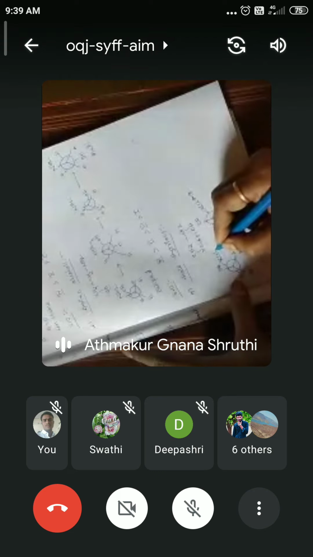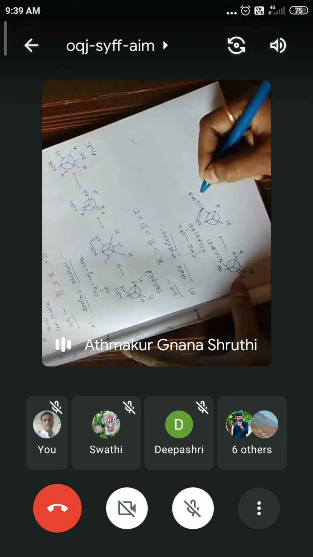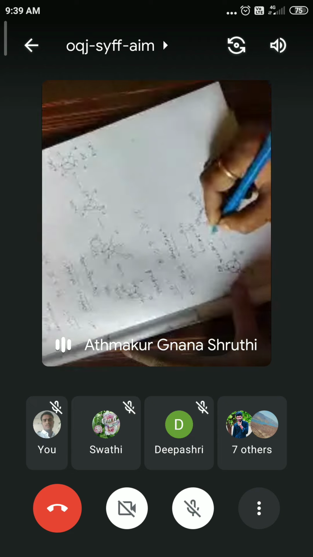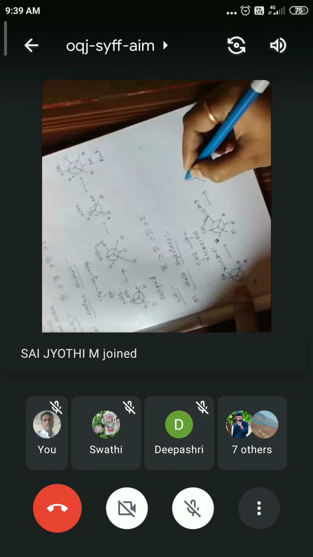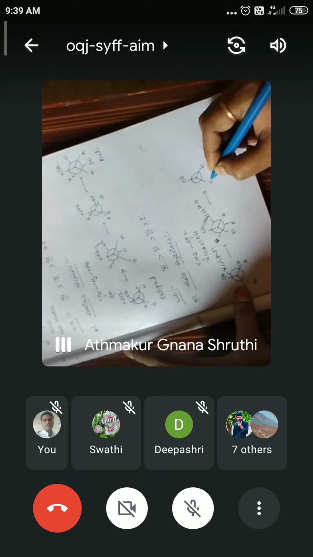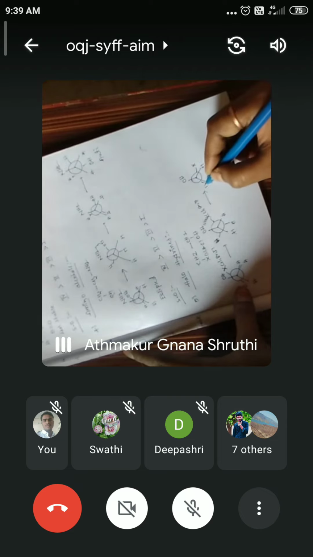Here also chlorine and bromine and iodine. Now it has intramolecular attraction between the OH of the first carbon and the halogen of the second carbon. Now here is the OH and here are the hydrogens. Here is the halogen atom and here is the hydrogen.